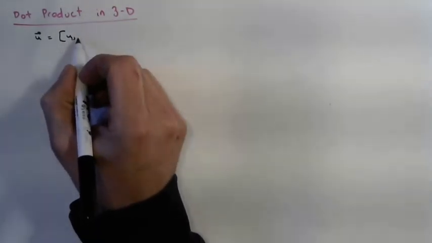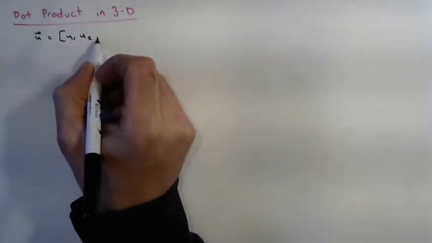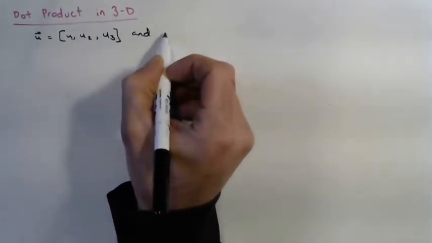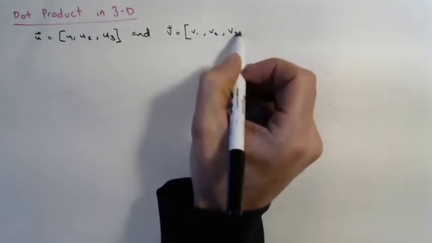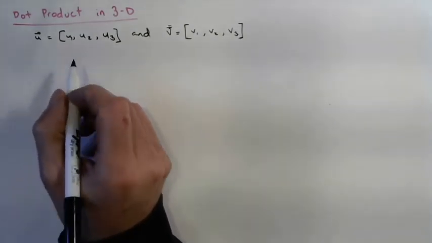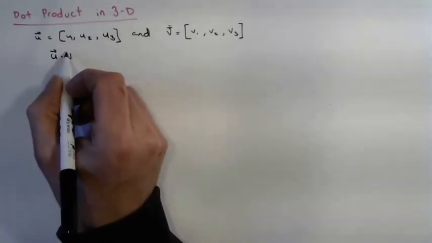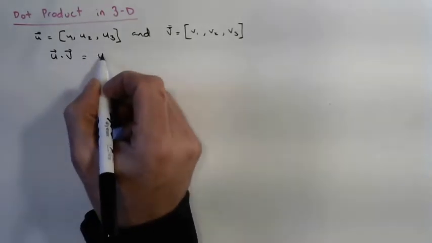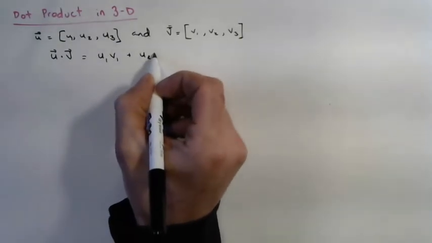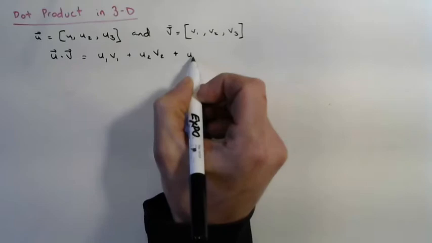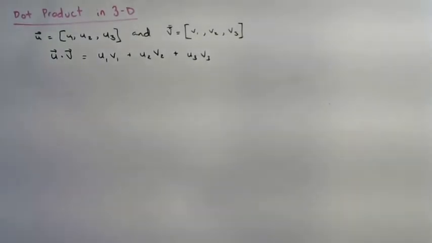For any two 3D Cartesian vectors u with ordered triple u1, u2, u3, and vector v, the ordered triple v1, v2, v3, then the dot product of u and v is u1 times v1 plus u2 times v2 plus u3 times v3. Okay.